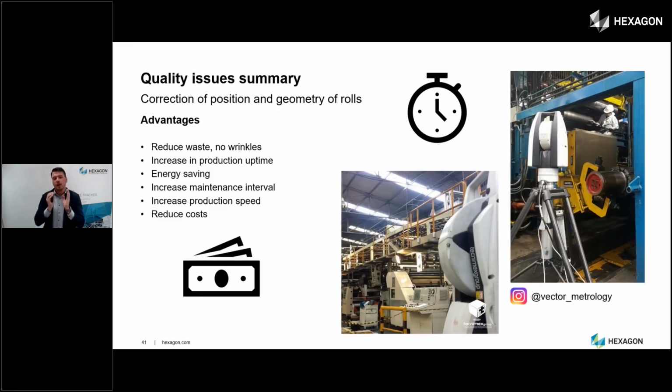So we are already coming to our end. So I would like to start with the end. I show you the summary. The advantage is really about reducing waste. Wrinkled parts and delamination are removed. So also money can be saved, environment can be saved. Then the increase of production uptime because of less maintenance, or the maintenance interval is longer.